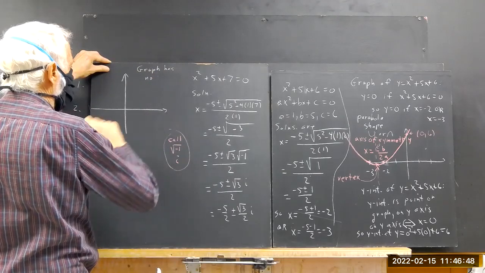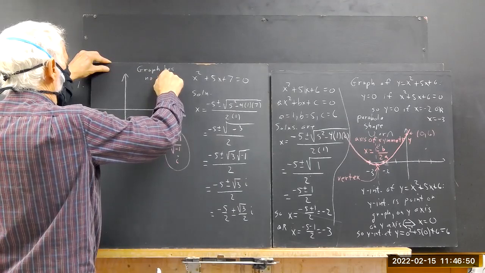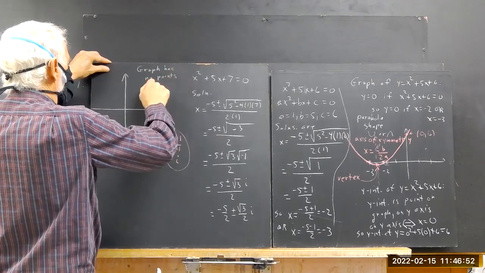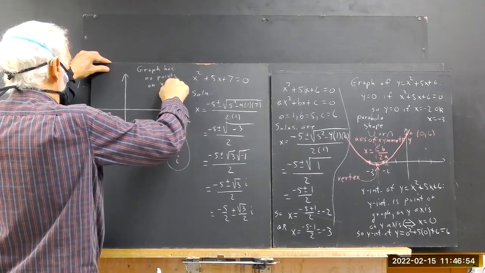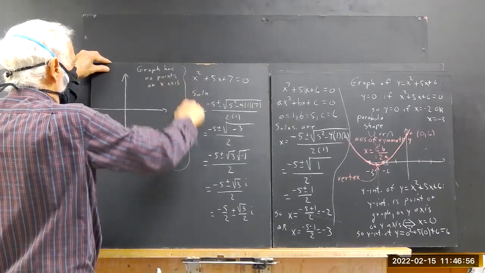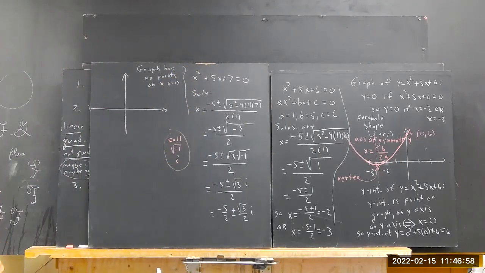When I say a graph has no zeros, also it has no points on the x-axis. Okay. No points on the x-axis.